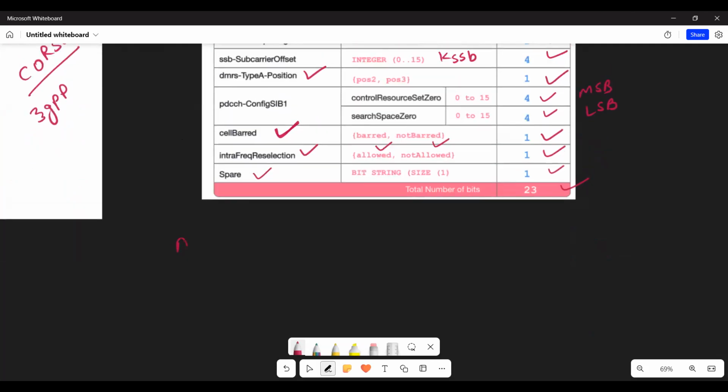An additional bit is used for BCH message type indication.